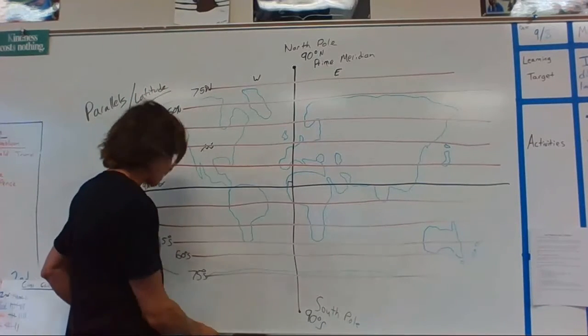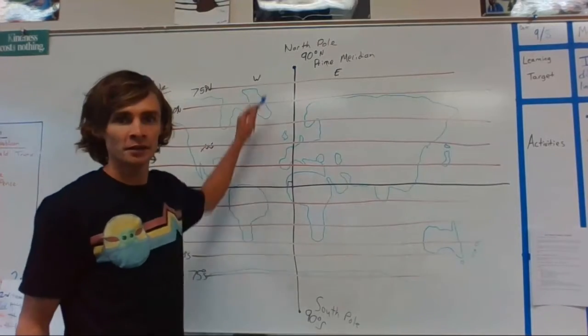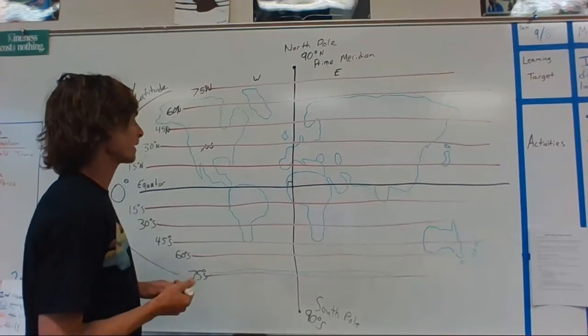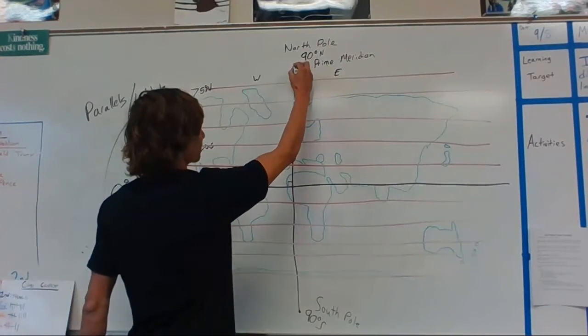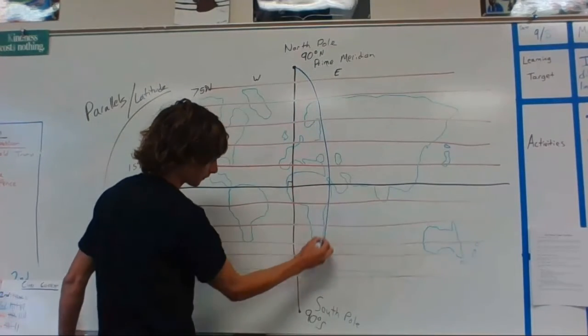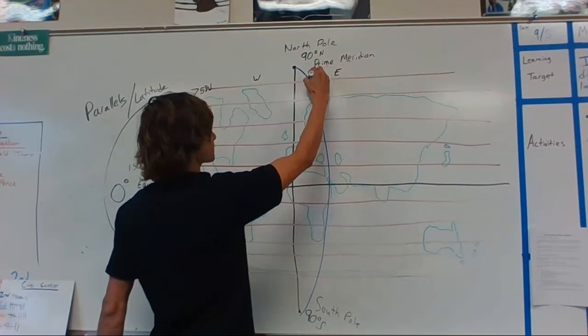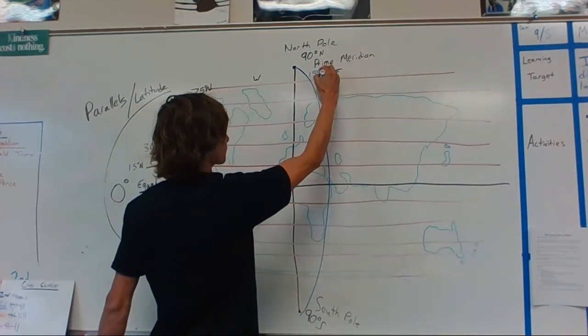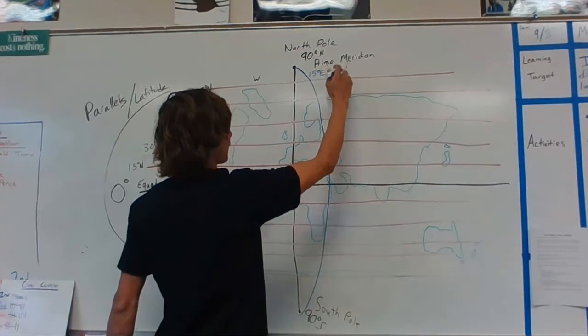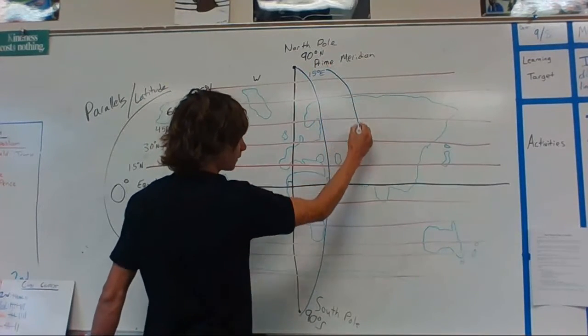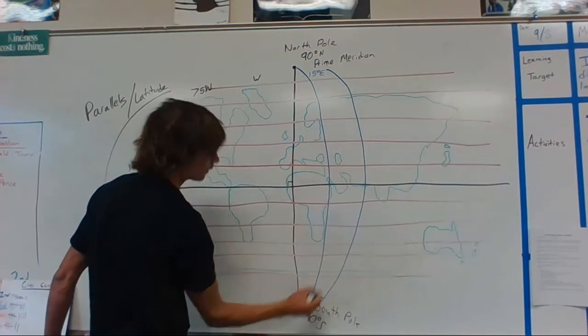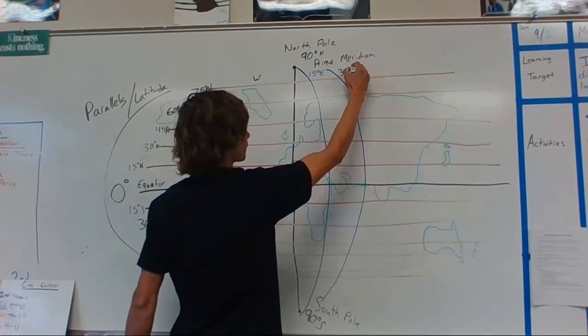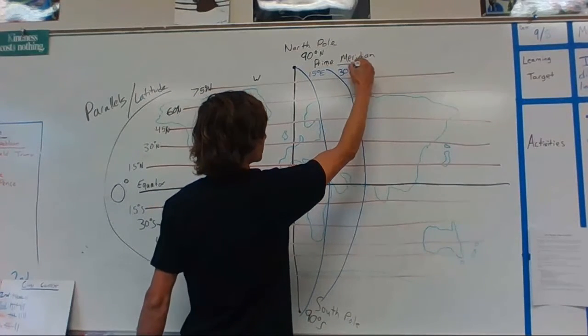And we can add lines going this way to give us the cross coordinate. So we can also do things like 15 degrees east. And then we can add in 30 east.